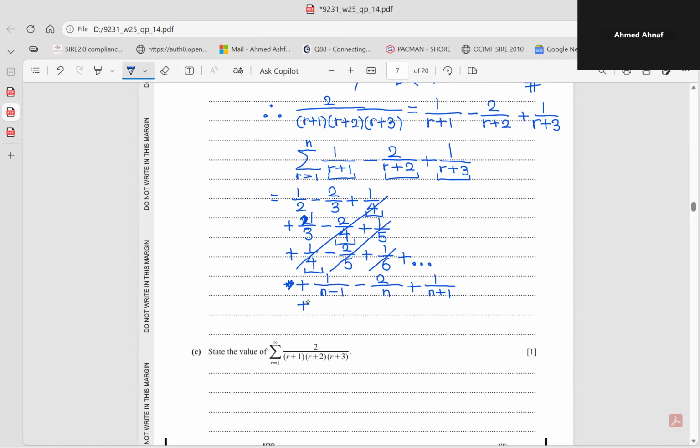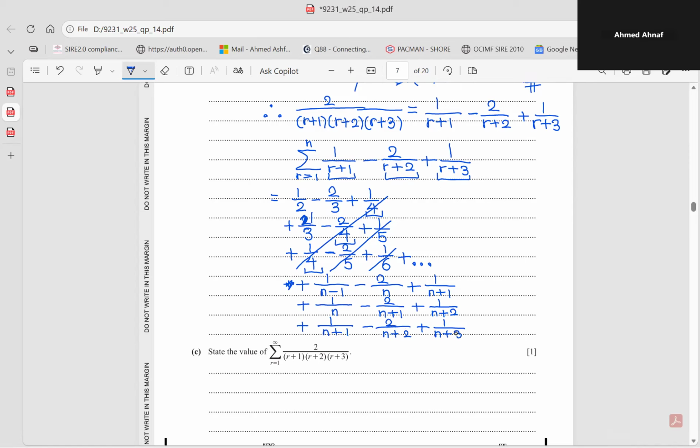And then for n minus 1, it is 1 over n minus 2 over n plus 1 plus 1 over n plus 2. And then finally we have n, which is just 1 over n plus 1 minus 2 over n plus 2 plus 1 over n plus 3.